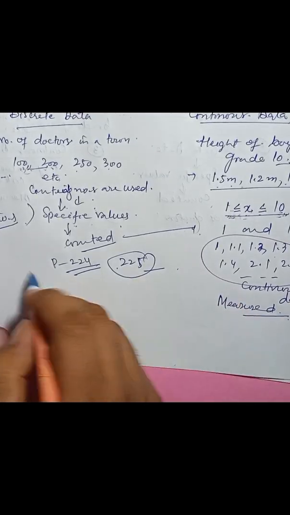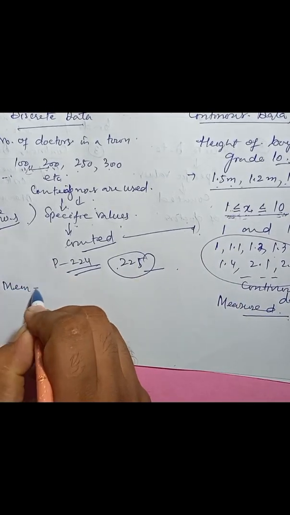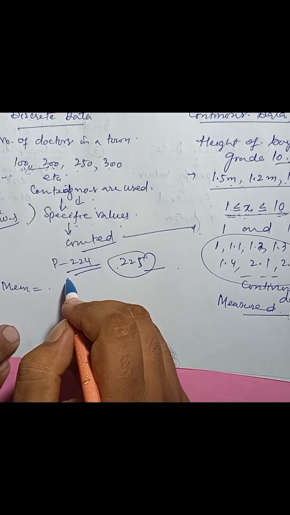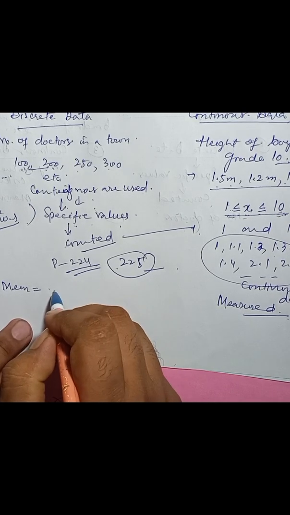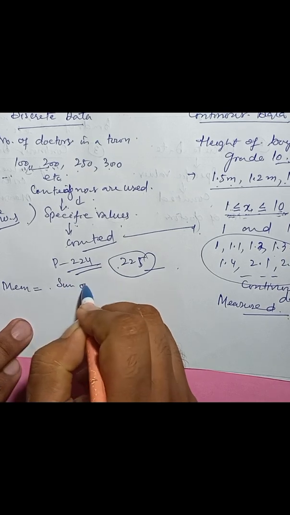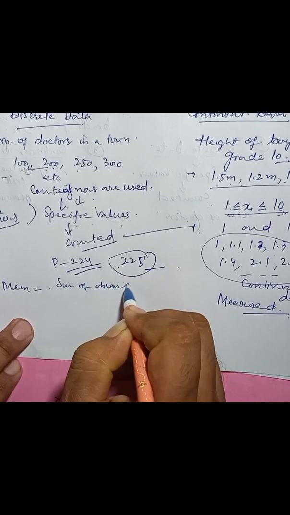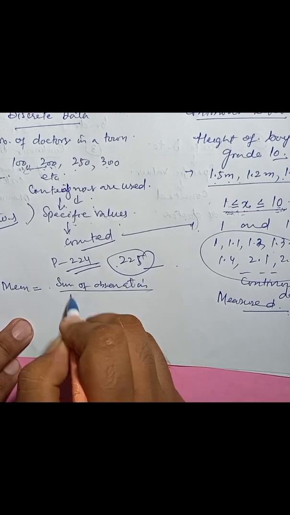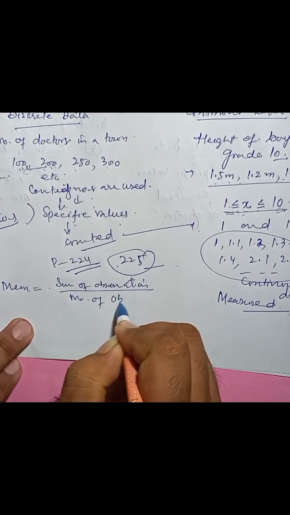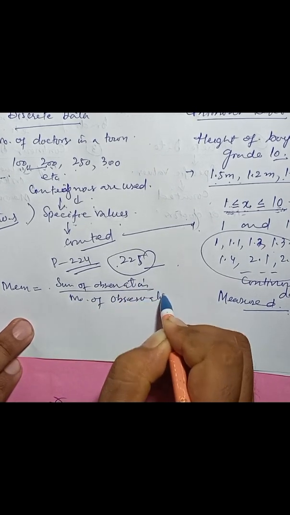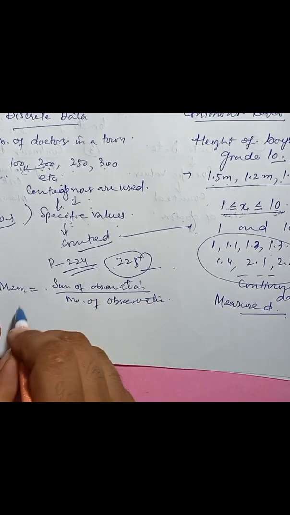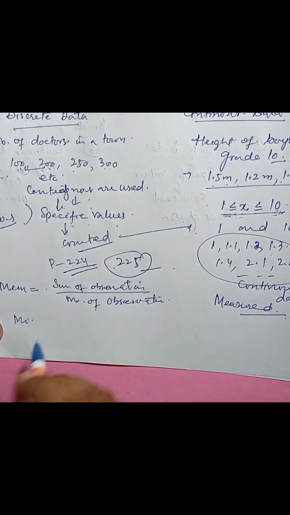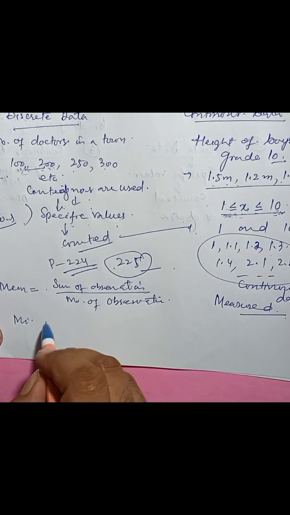It is written there, the mean is the total of all values divided by the total number of values, or we can say the sum of observations divided by the number of observations. And median is there. Median is the value of the middle number when the data is arranged in ascending or descending order.